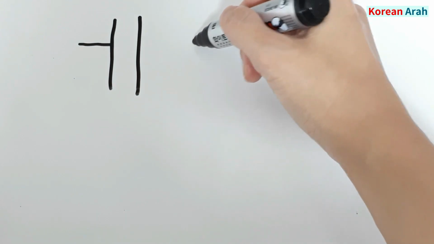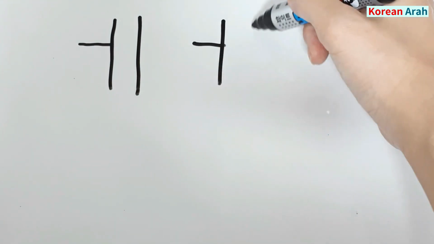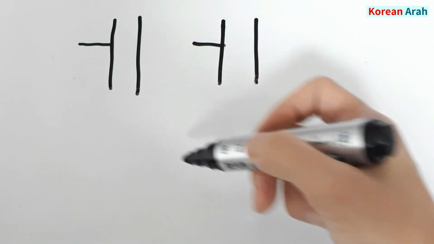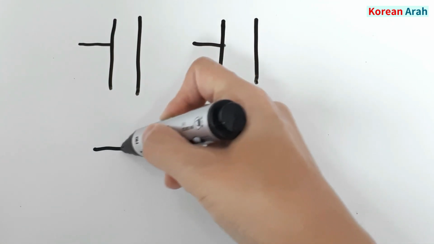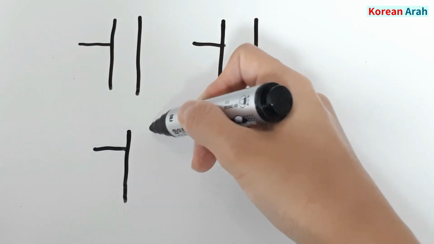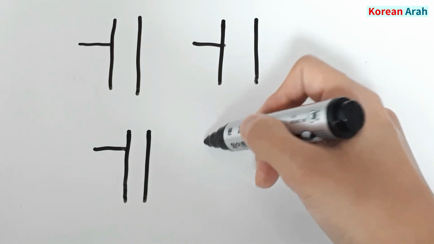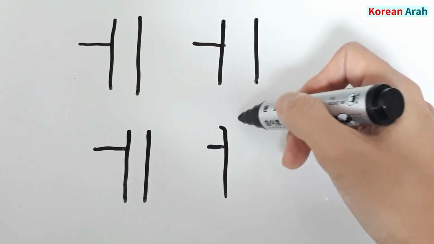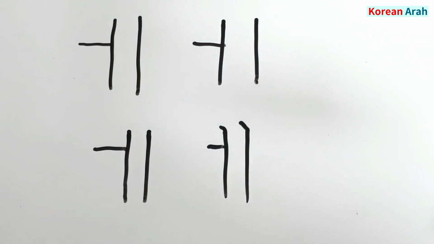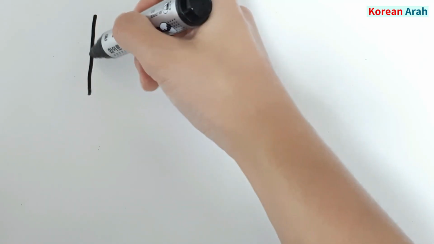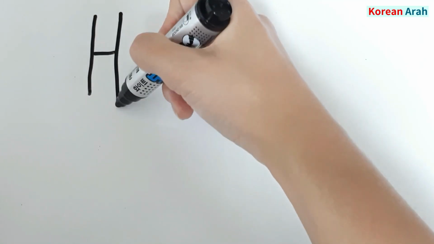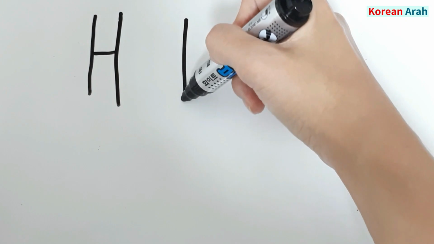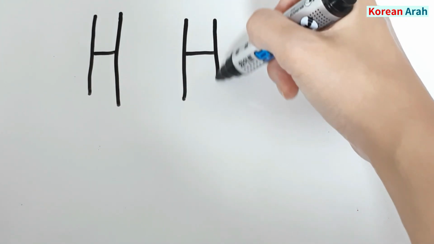Next, ae. 3 strokes. 1, 2, 3. Some people write it like this. No problem. Now, i. 3 strokes. 1, 2, 3.